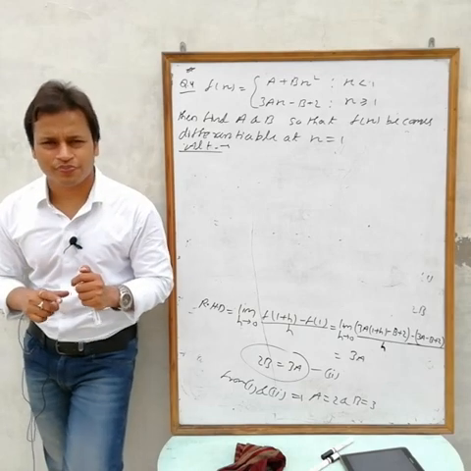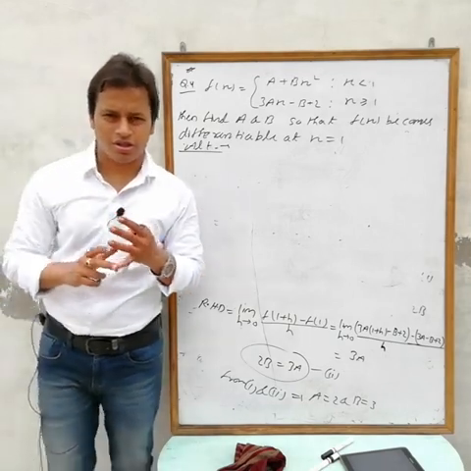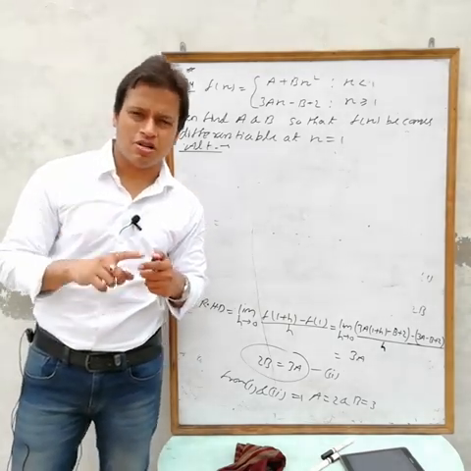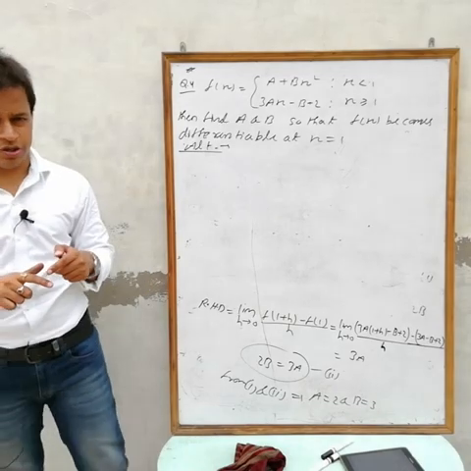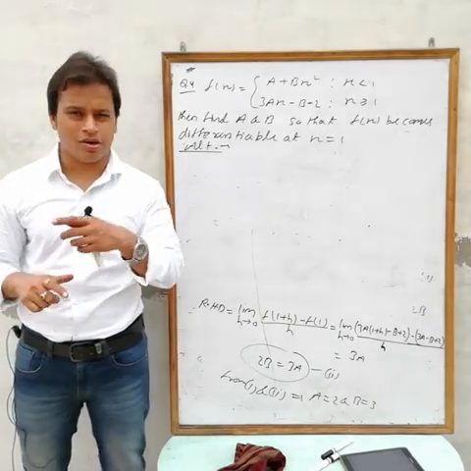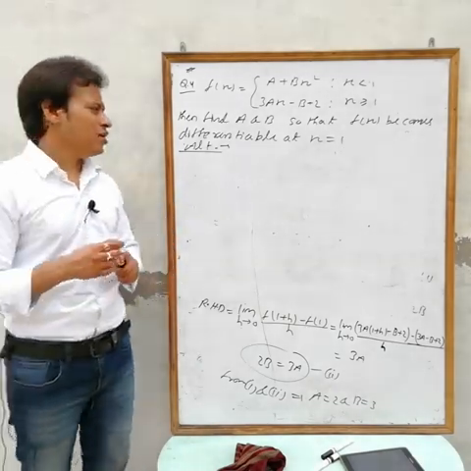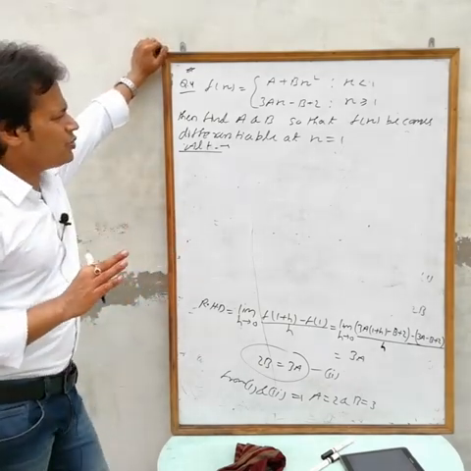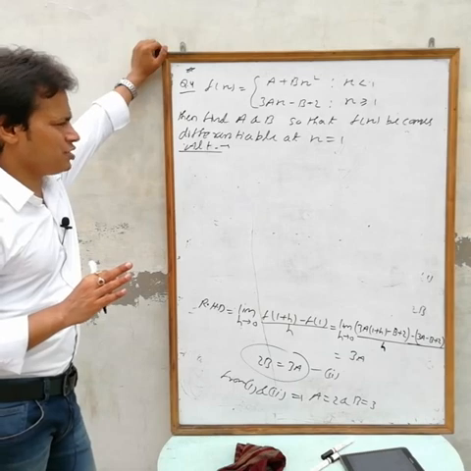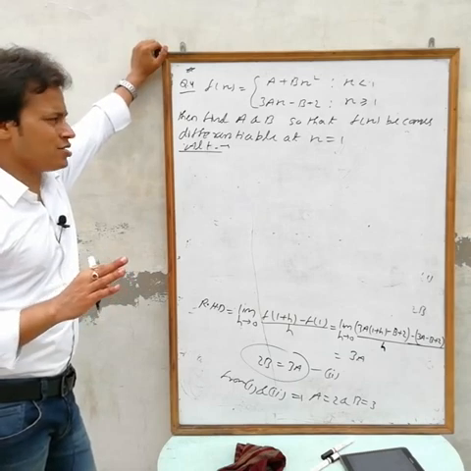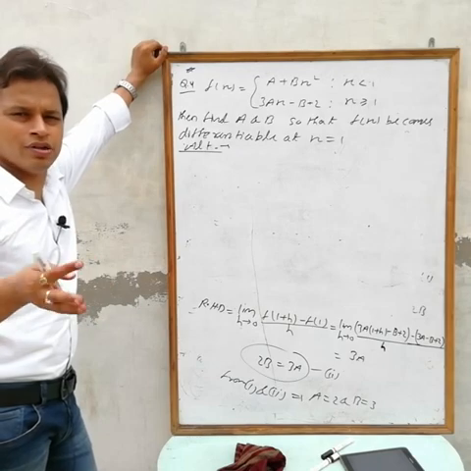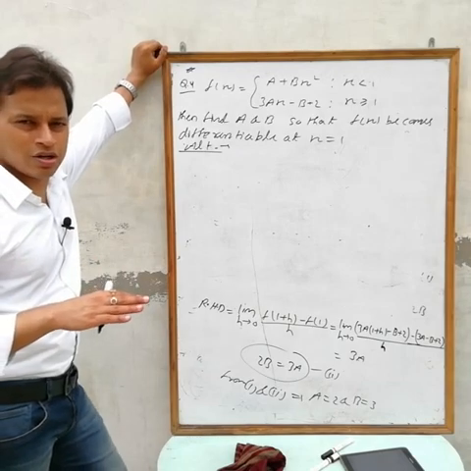Now see, it is given that a and b are such that f(x) becomes differentiable at x equals to 1. If f(x) becomes differentiable at x equals to 1, then it must be continuous also.